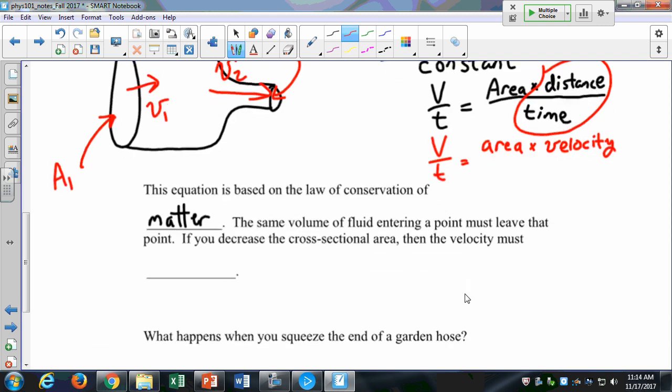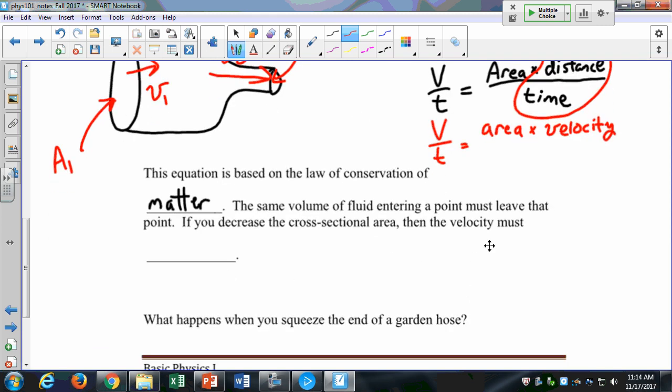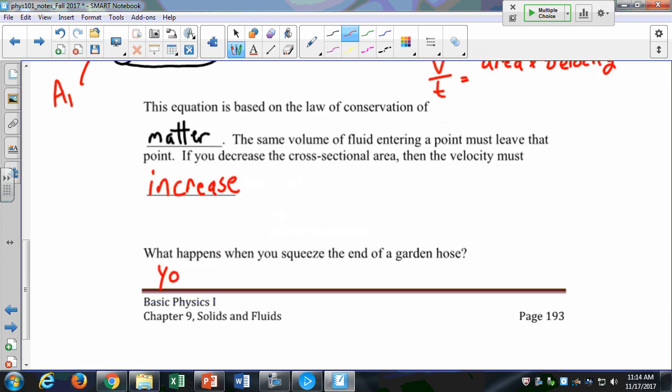Conservation of matter. All right, so let's see. If the same volume of fluid must pass through a smaller area, then the velocity must increase. When you squeeze the end of a garden hose, you decrease A, the area.